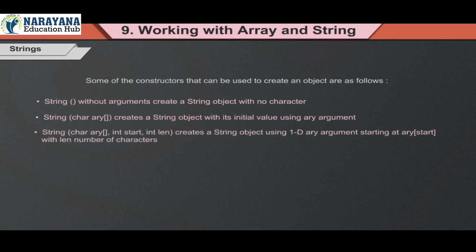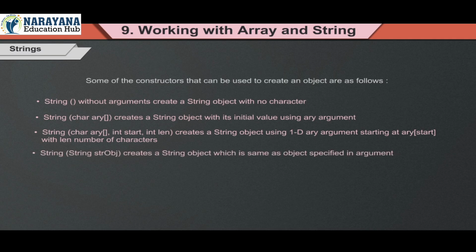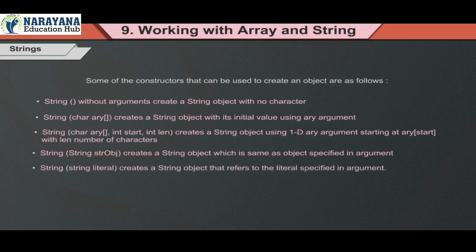String(char array[], int start, int len) creates a string object using the 1D array argument starting at array[start] with len number of characters. String(String strobj) creates a string object which is the same as the object specified in the argument. String(String literal) creates a string object that refers to the literal specified in the argument.